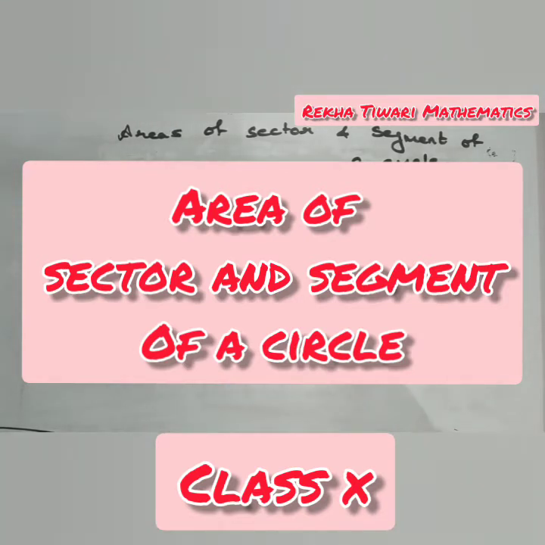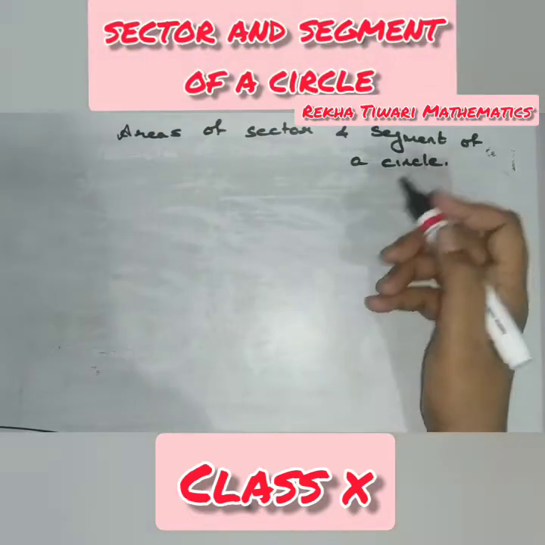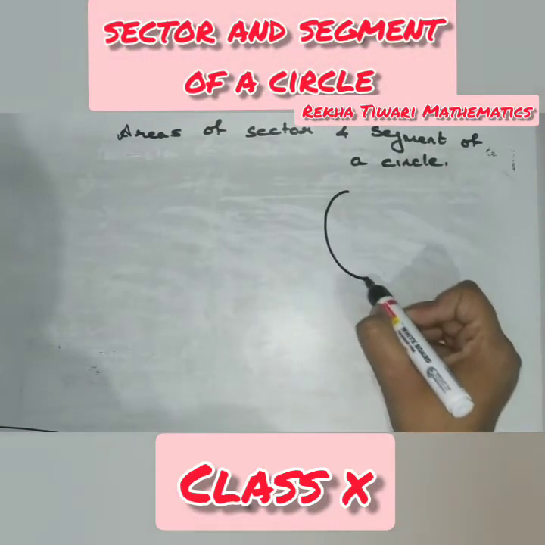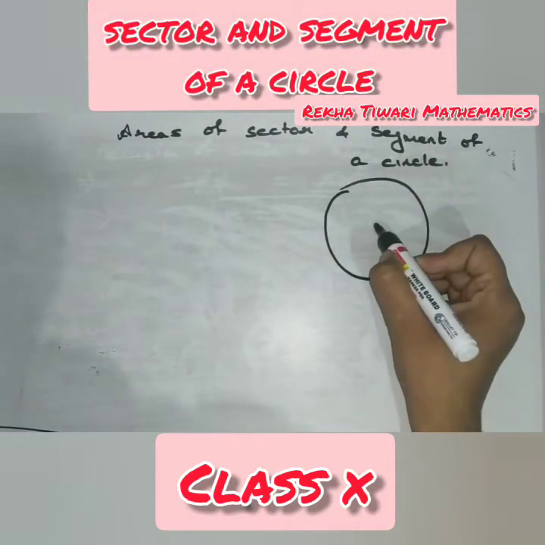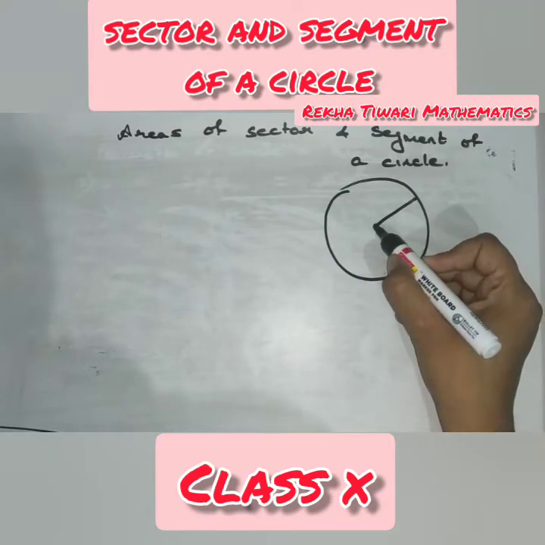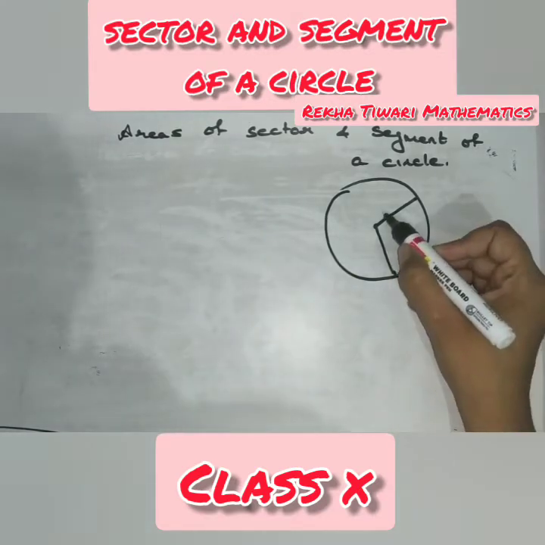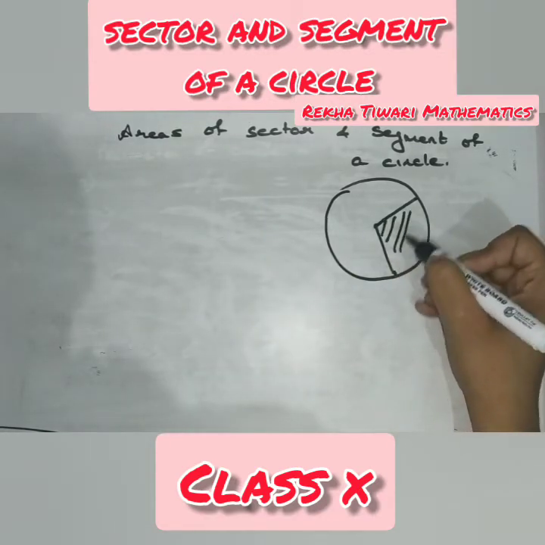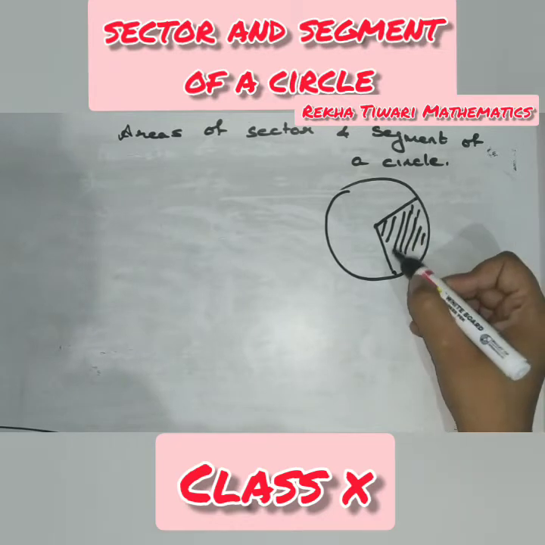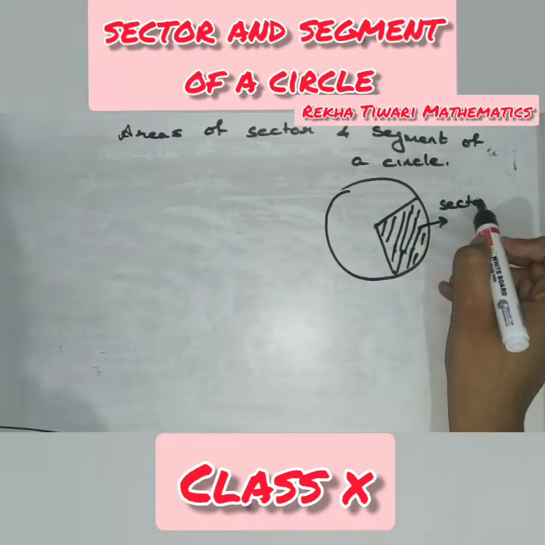Before finding the area of sector and segment of the circle, we should know what is sector and what is segment of the circle. See, this is circle. This is the center. Radius. Let me draw one more radius. The region bounded between two radii, this whole region is called the sector of circle.